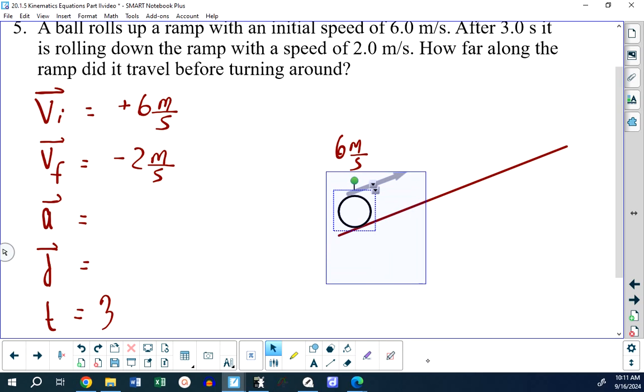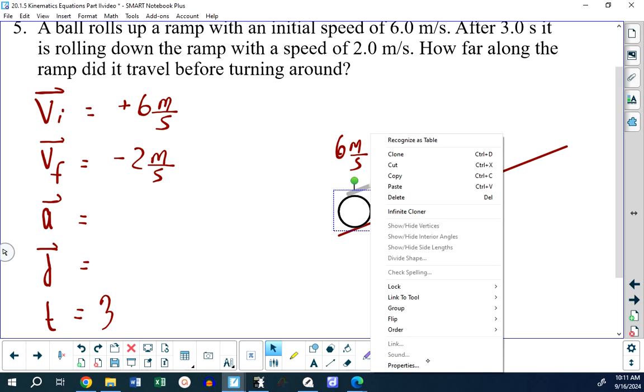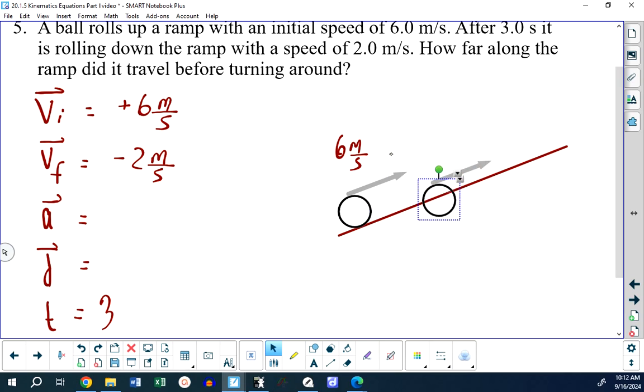Some point later, it has traveled up and now it's on its way back down. And it's traveling down at 2 meters per second. So this is a different point in time.